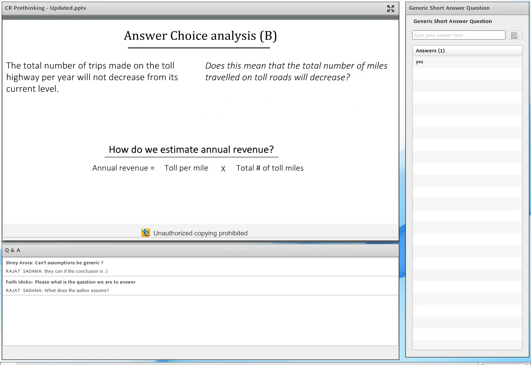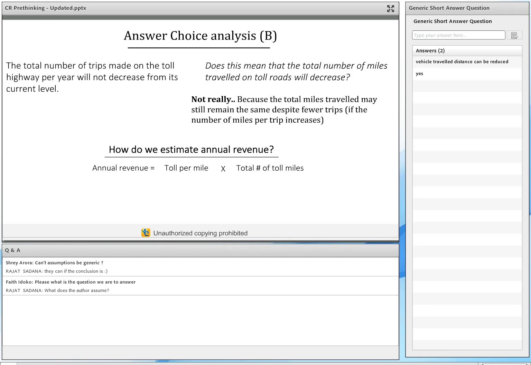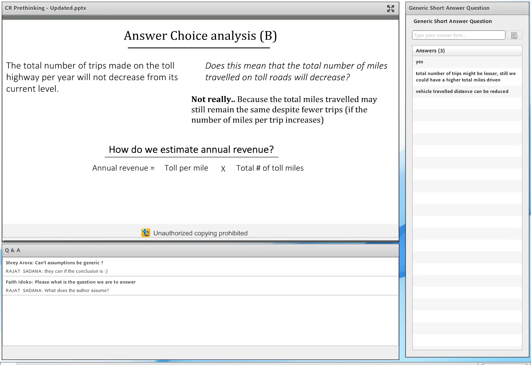Because the total number of miles may still remain the same despite fewer trips if the number of miles per trip increases. If you have 50 trips instead of 100 trips last year, but each trip is twice as many miles, the total number of miles can still remain the same. So while this statement over here is a strengthener, it is not an assumption.